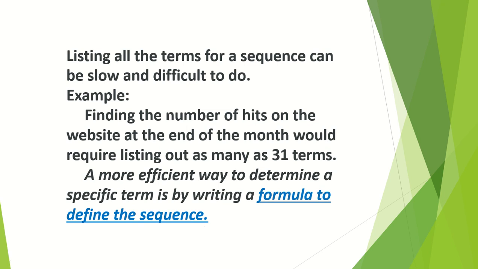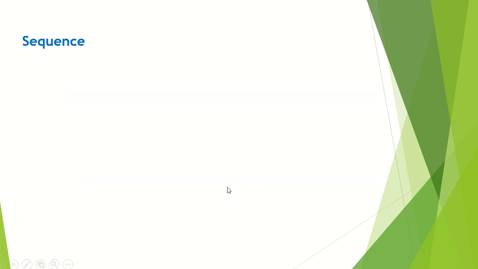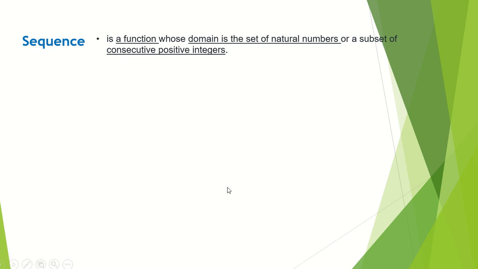So, we have to write a sequence using a formula. Let's recall, a sequence is a function whose domain is a set of natural numbers or a subset of consecutive positive integers. Therefore, it is clear in our mind that when we use the functional relation, our domain n is a natural number.